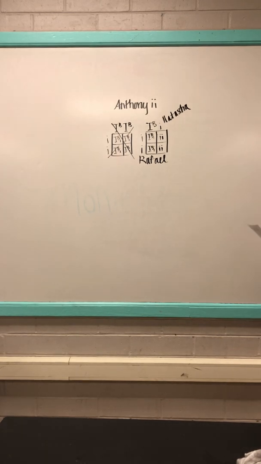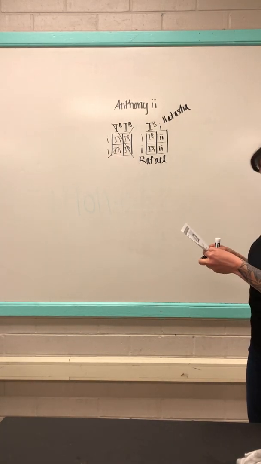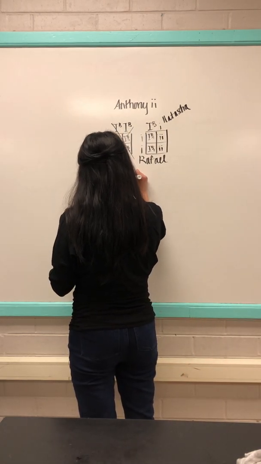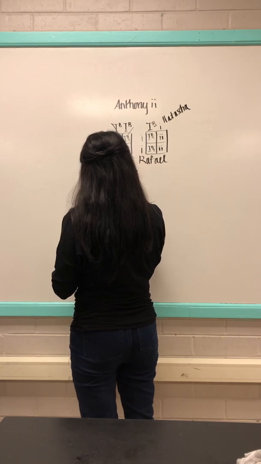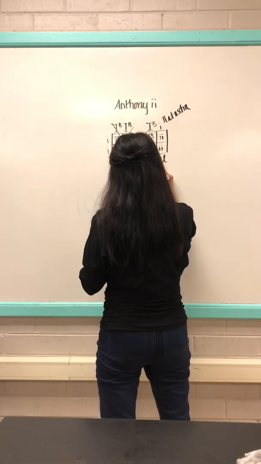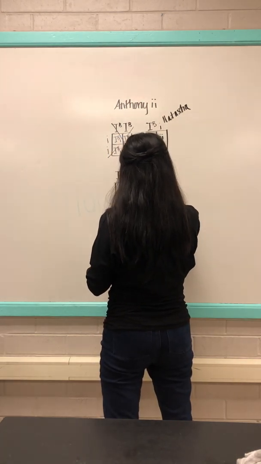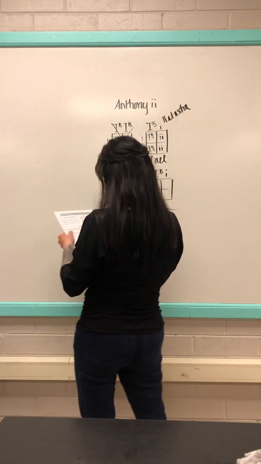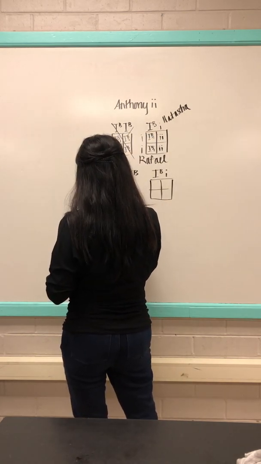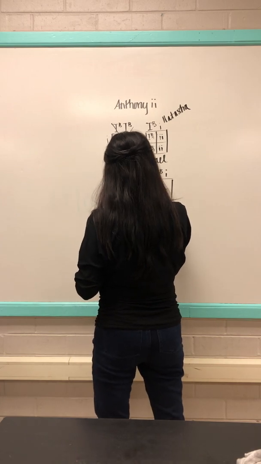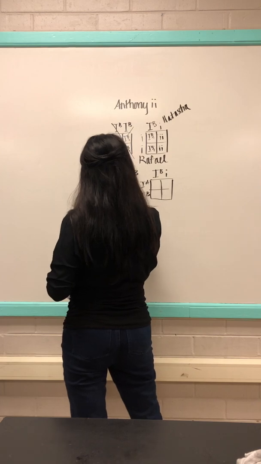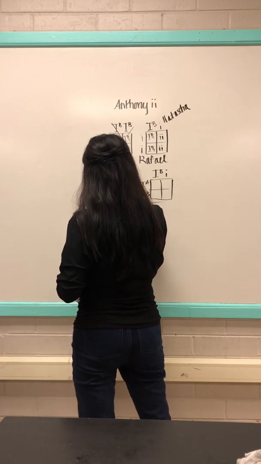Okay, so now let's cross Natasha with Joshua. We said that Natasha could be IB IB, because it doesn't say heterozygous, or she could be IB i. And then what's Joshua? AB. Okay, so these are all going to be IA, IB.